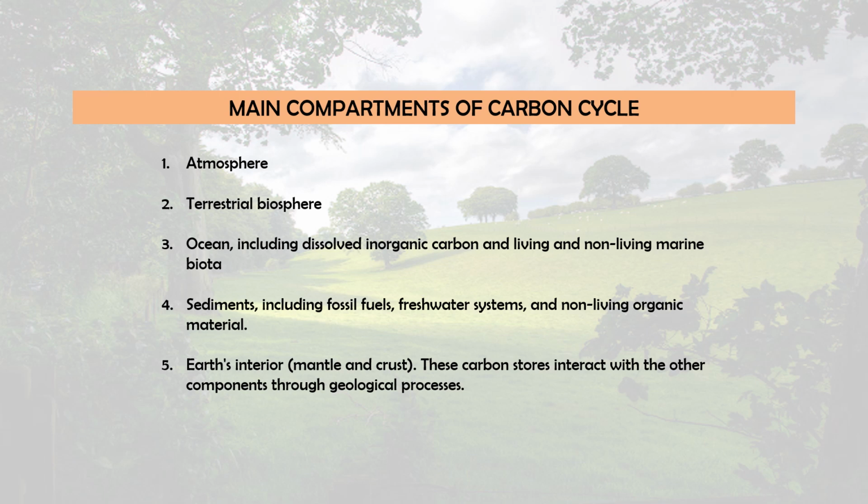The organic carbon stored in the geosphere can remain there for millions of years, and the carbon can leave the geosphere in several ways. Carbon dioxide is released during the metamorphism of carbonate rocks when they are subducted into the Earth's mantle.